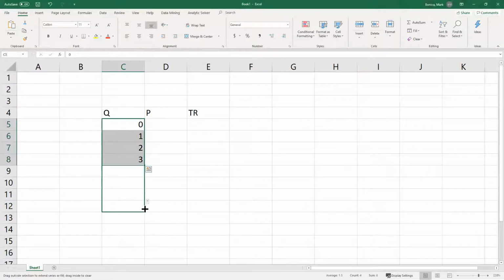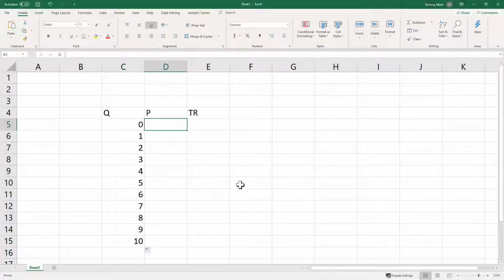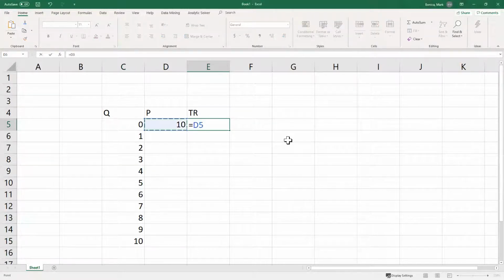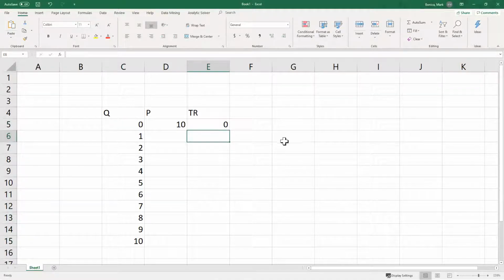Price was equal to 10 minus Q, so I'm going to do 10 minus whatever the Q value is. At a quantity of 0, the willingness to pay is 10, but of course you're not going to have any revenue because you're not selling anything. But now I can copy this down.